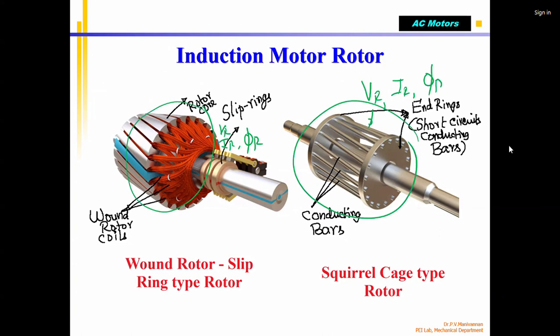There are some advantages, which we'll discuss now. Okay. So now a magnetic flux is created in the rotor. In both cases, this magnetic field is going to interact with the stator magnetic field and get locked, similar to a synchronous motor, and the rotor starts rotating along with synchronous speed. Okay, similar to synchronous motors. Any doubts?